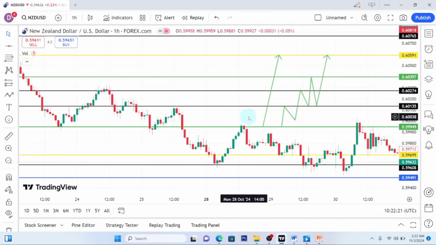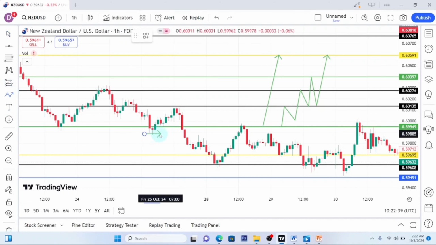And sometimes, if you understand how to make these markings, like if you look at this region here, look at my cursor. When you take your trade from this region, it's easier to have your stop loss always behind this point here, behind this wick here.